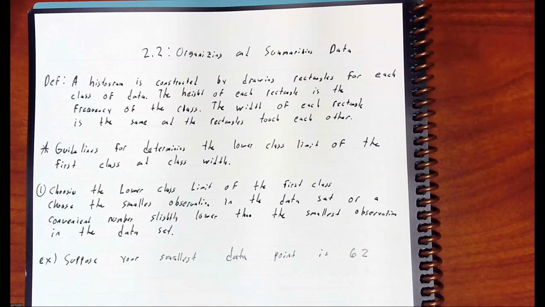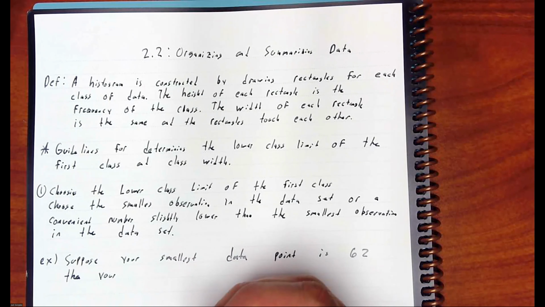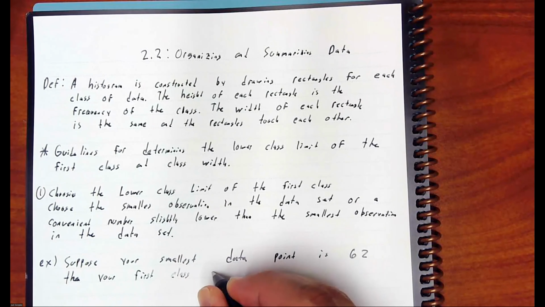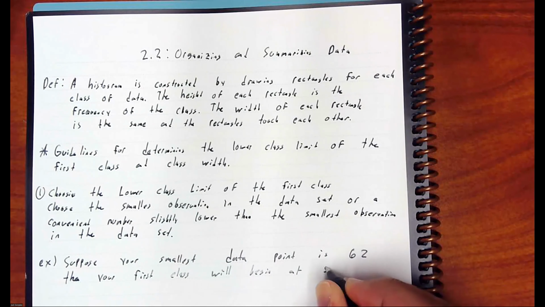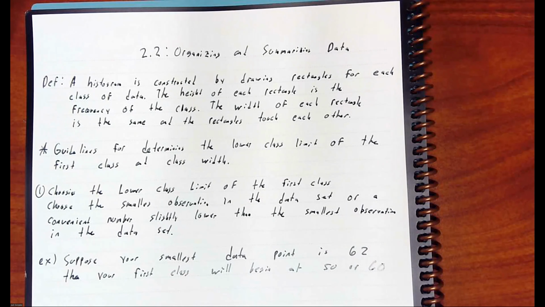You would create a category that's convenient, so your first class will begin at 50 or 60. Just because you have 62, we have a category for 60. Does that make sense? Could be 50, something that makes sense. All right.